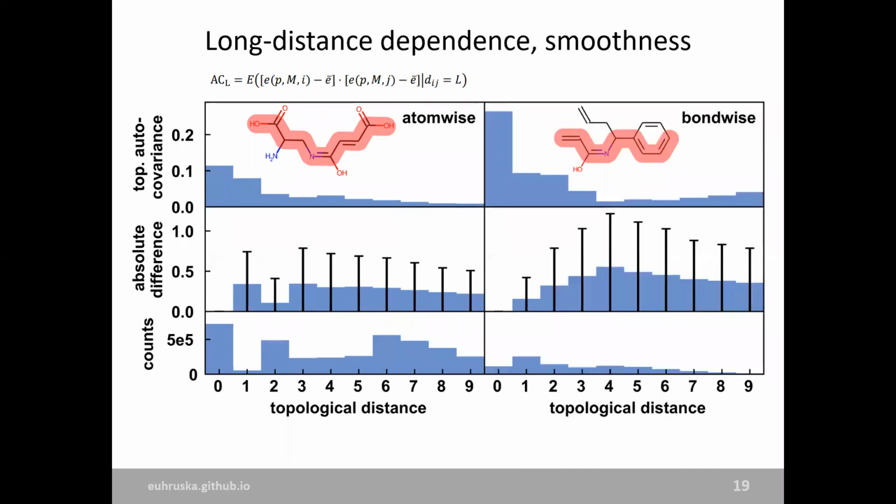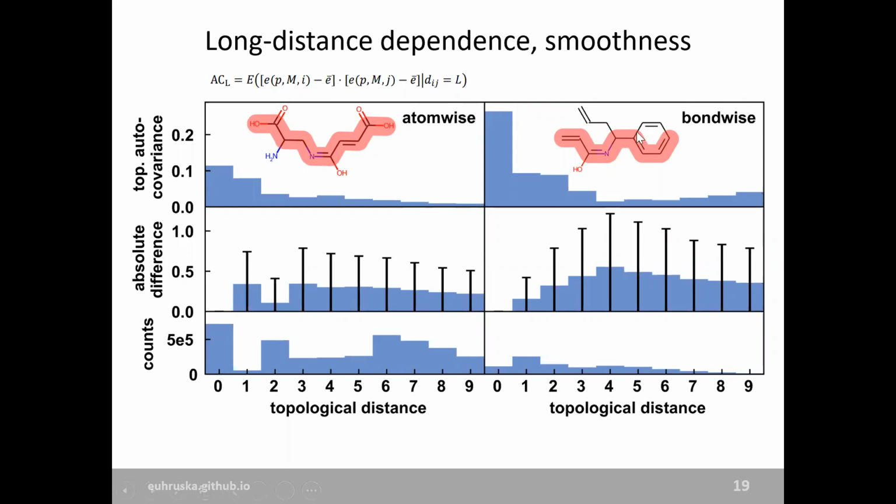The same analysis can be done for bond-wise explanation values. Here we don't have any unexpected steps for the absolute difference depending on the topological distance, and the topological autocovariance also is not zero at small topological distance, which means there is some kind of smoothness.